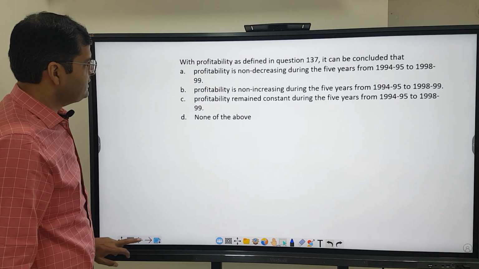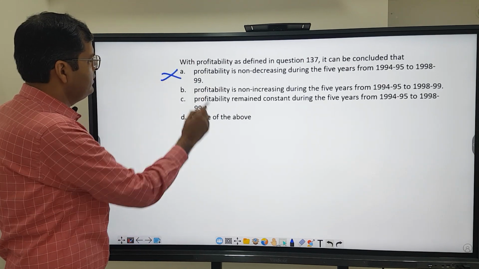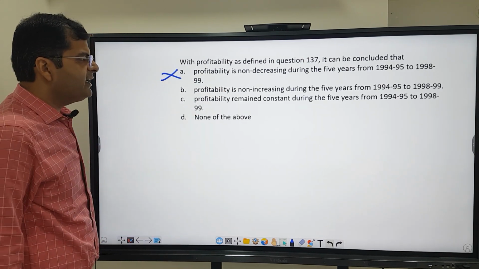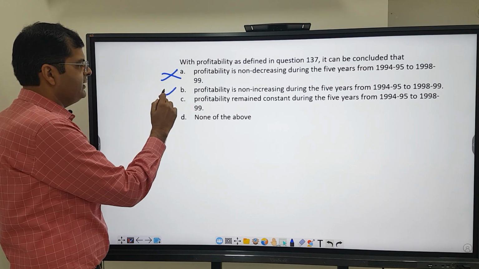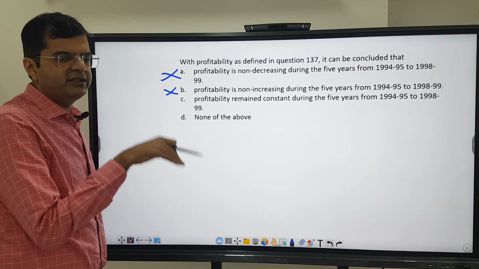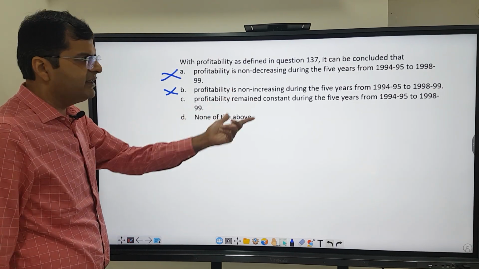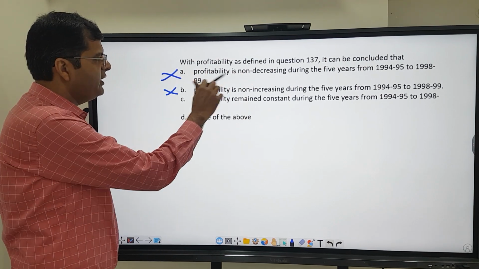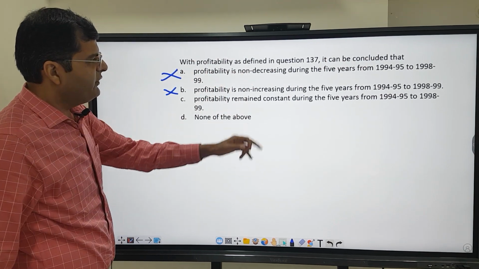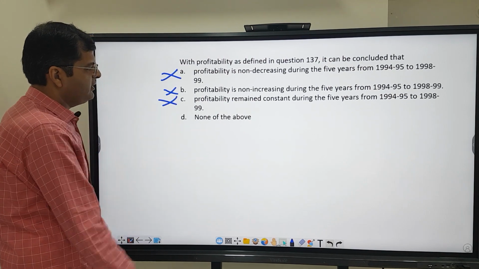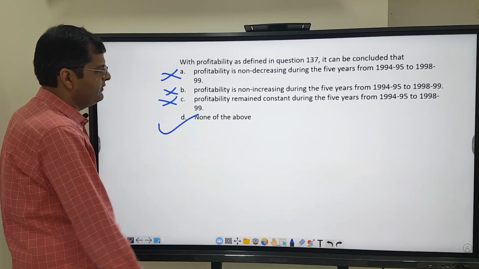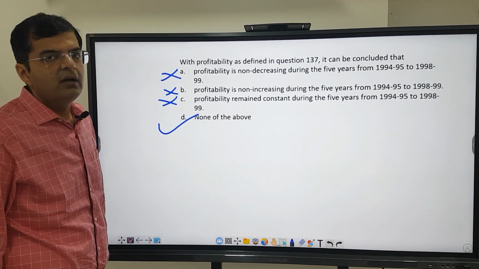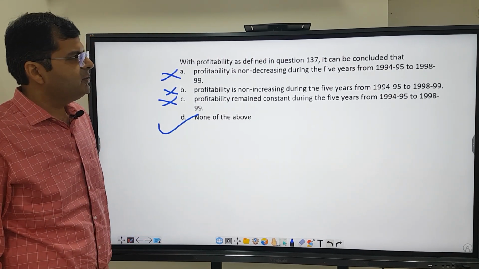So is this non-decreasing? No. Is it non-increasing? That's also no, definitely, because it goes increase, decrease, increase, decrease. So it's not non-decreasing and non-increasing. Does profitability remain constant? Definitely not. So answer D, none of the above, is the correct answer. Alright, so this is all about the questions on this set.